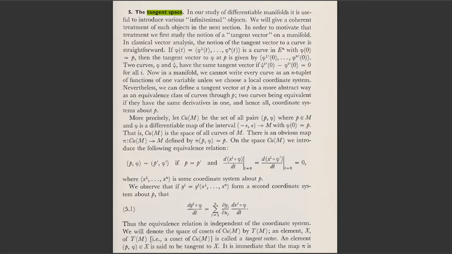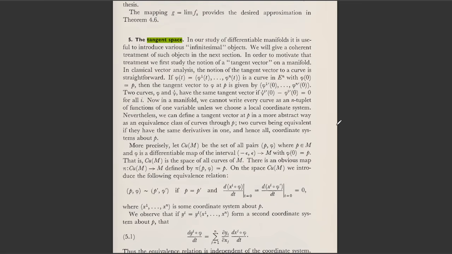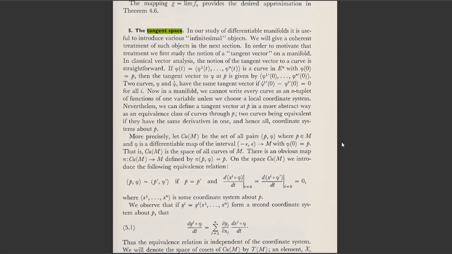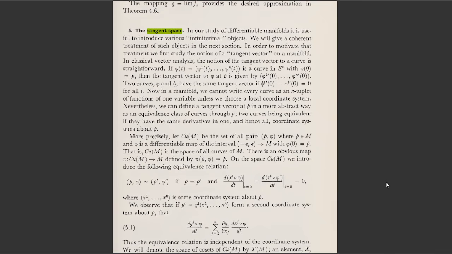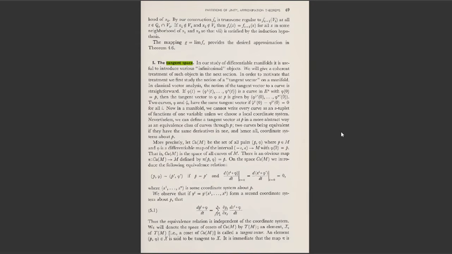Now, the reason you would want to do this is because tangent vectors are going to be derivations. So they would be canonically isomorphic to the space of derivations on the space of continuous maps at P. You can think about these again with differential manifolds, charts, and atlases, which define how we choose to globally construct the space from a local perspective.